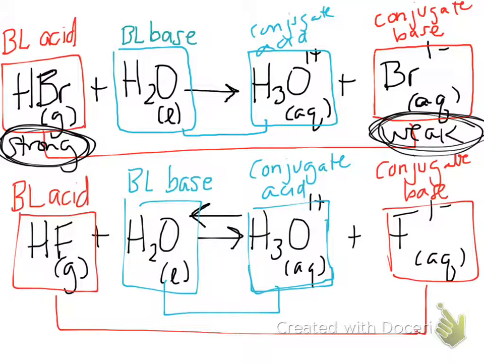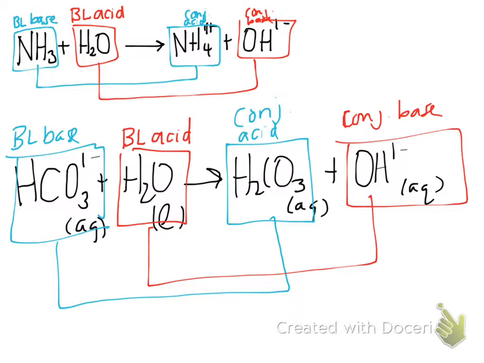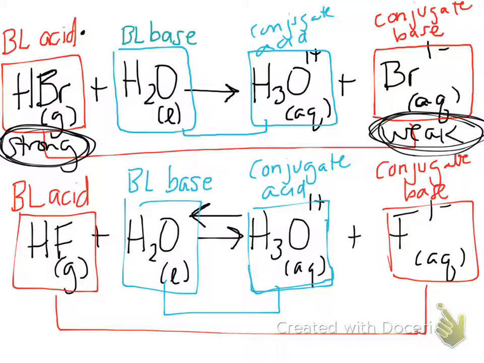Now, every time your acid is a strong acid, your conjugate base is weak. Okay? If your acid is strong, your conjugate base is weak. If your base is strong, then your conjugate acid is weak. Okay? Now, let's look at hydrogen fluoride, the next example.